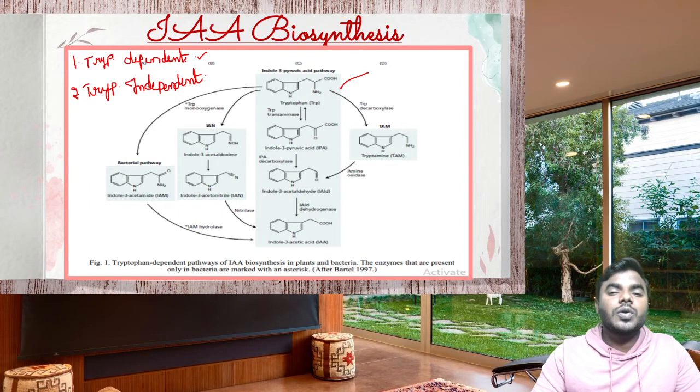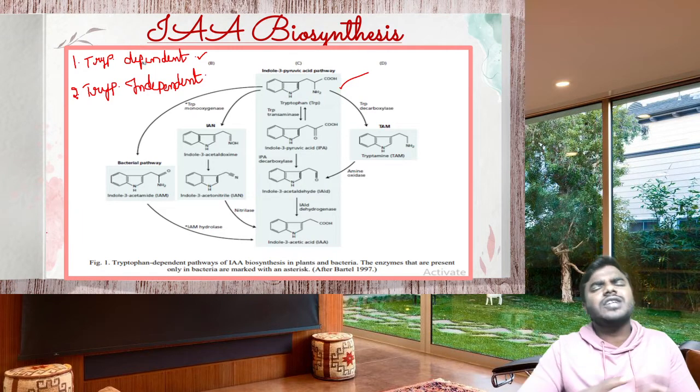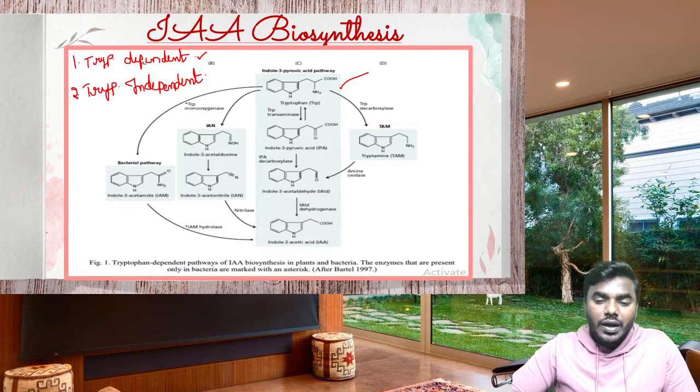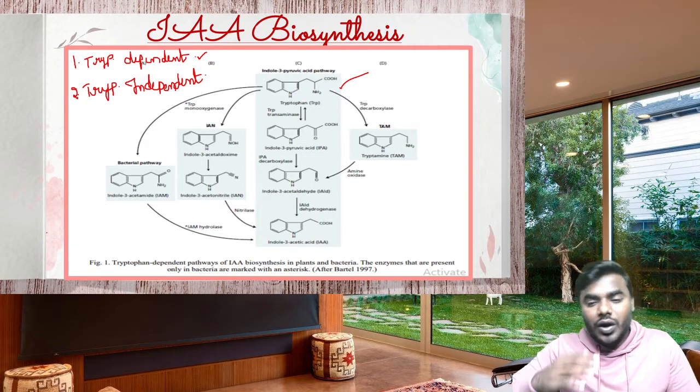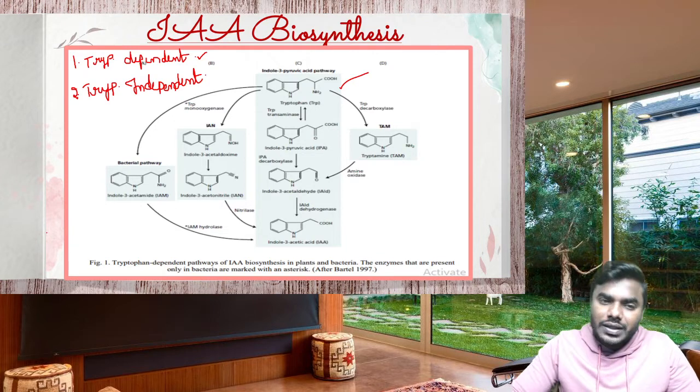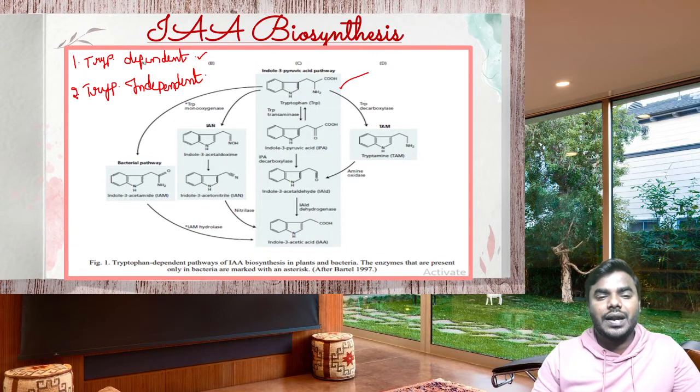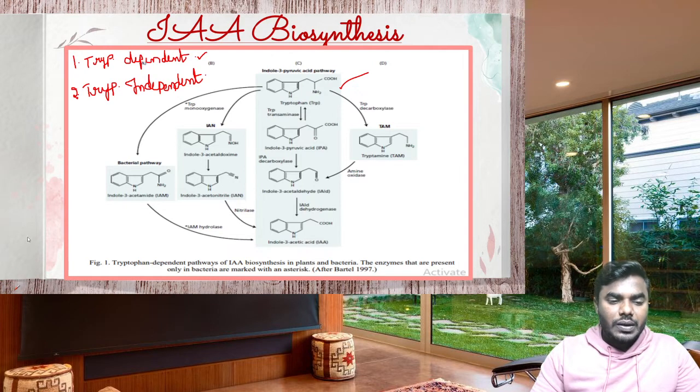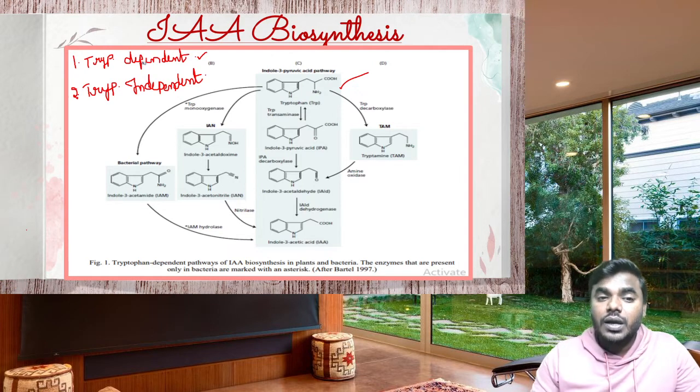That's why we call it the tryptophan dependent pathway. In the tryptophan independent pathway, tryptophan is not involved directly. Some other molecules will be involved, and tryptophan will be involved in the middle. That's why we call it the tryptophan independent pathway. But the point every one of you has to remember: the plant mostly undergoes the tryptophan independent pathway only.